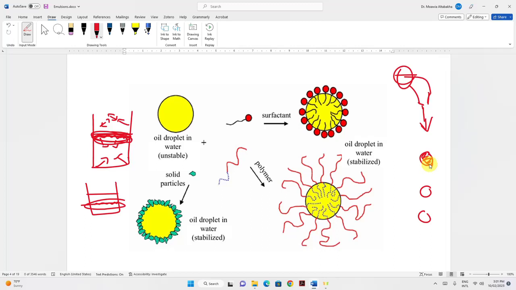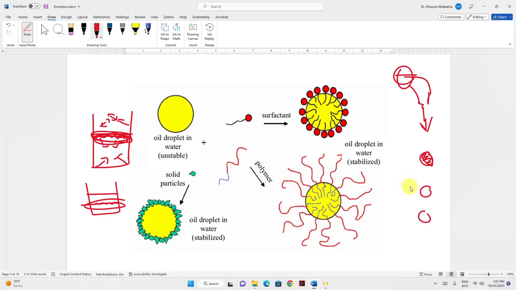They are trying to expose the lowest surface area so that the tension is not very high. Why am I talking about these things? Because I want to explain to you that tension is not allowing oil and water to mix with each other.